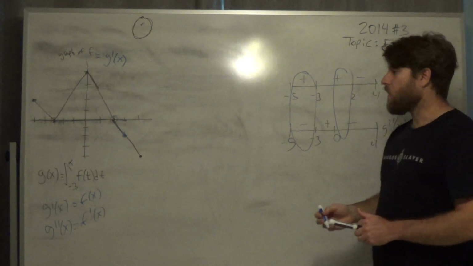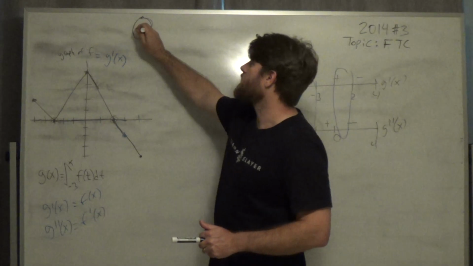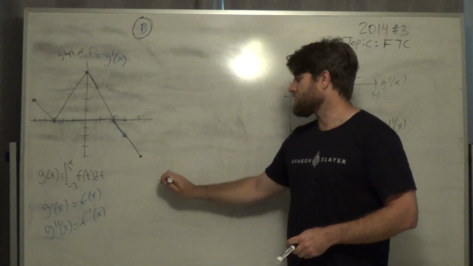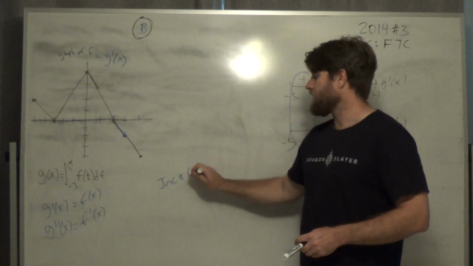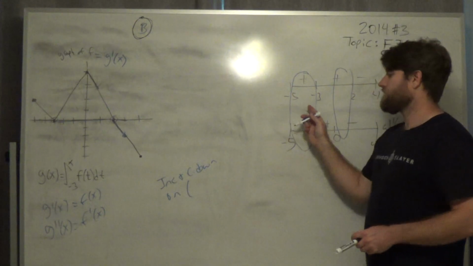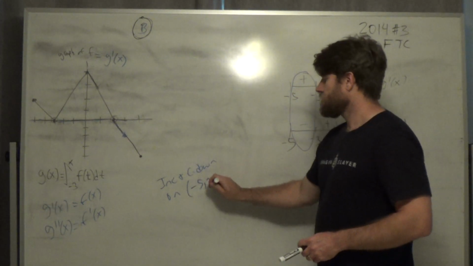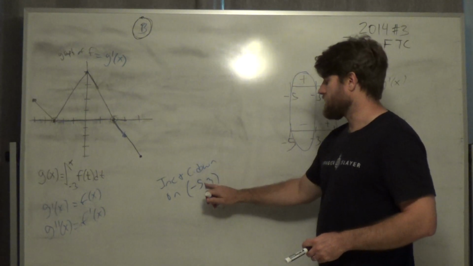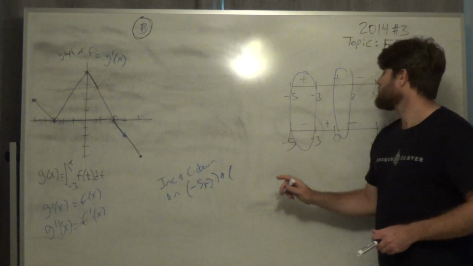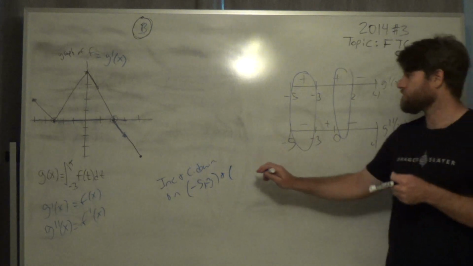Oops, the whole time I forgot to put a B there. For part B, we will say it's increasing and concave down on the interval -5 to -3. That's a negative there, it's hard to see. -5 to -3, and from 0 to 2.